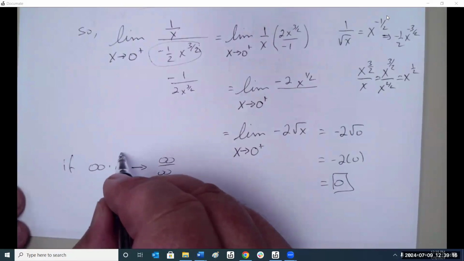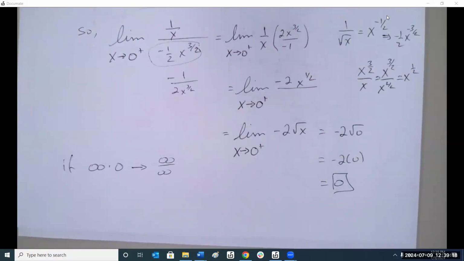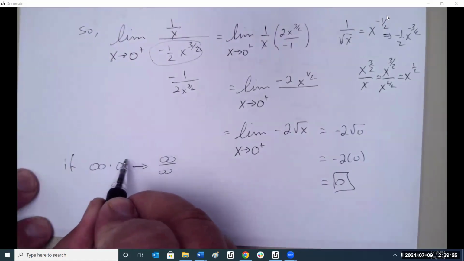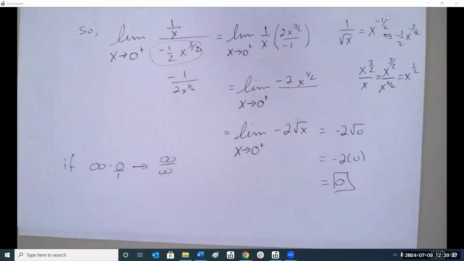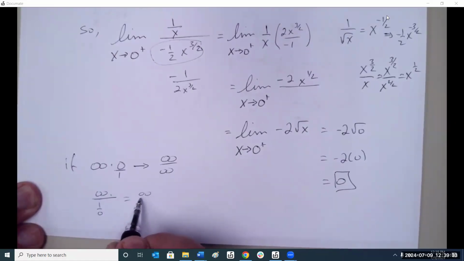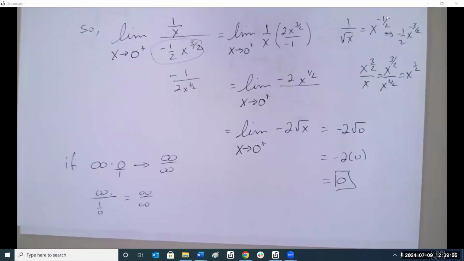Because what makes it 0, if you put it on the bottom, you have to flip it. So now 1 over 0 is now infinity, because this is 0 over 1. If I put it on the bottom, it's now 1 over 0, which makes it infinity over infinity. Once we have it that, then we use L'Hopital's rule.